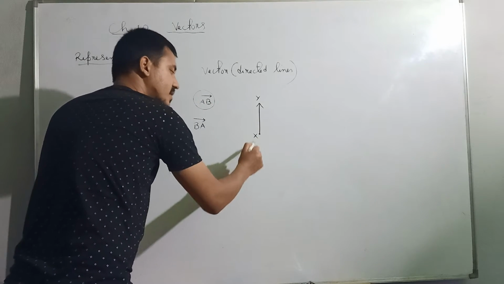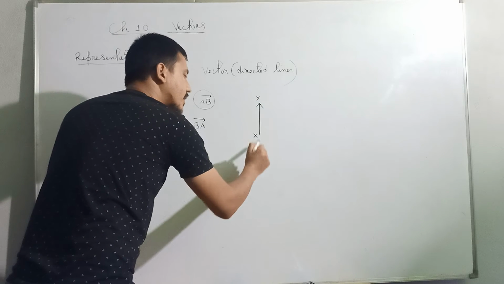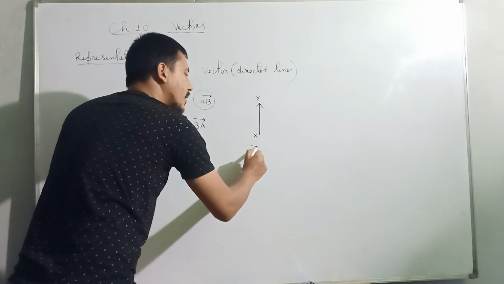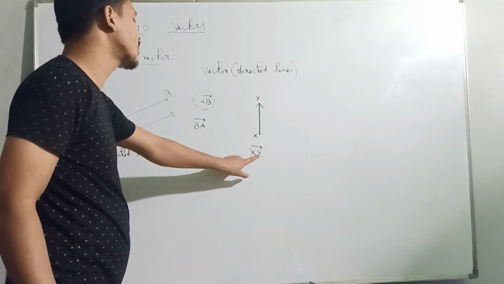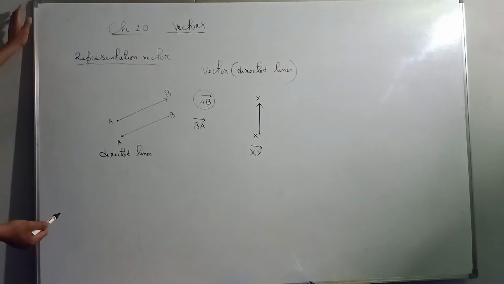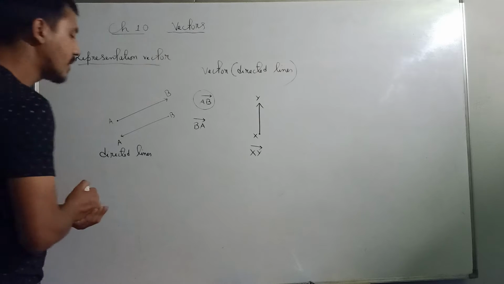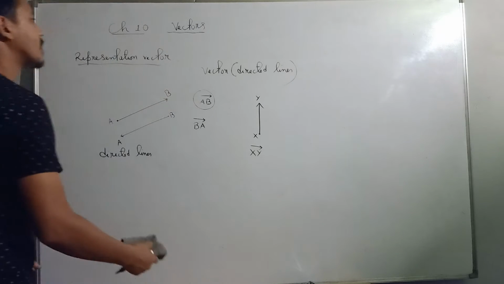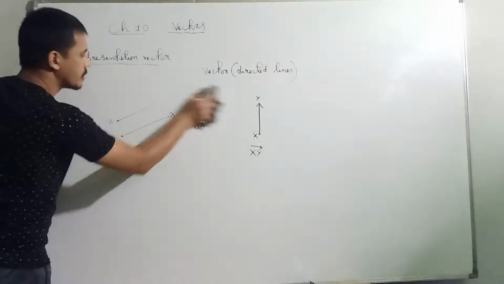The initial point is X, the terminal point is Y. So this directed line will be represented by the vector XY, where X is your initial position, Y is your terminal position. That is how vectors are represented. Vectors are represented by directed lines. Alright?